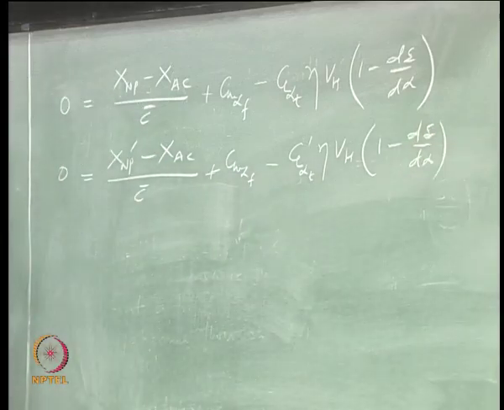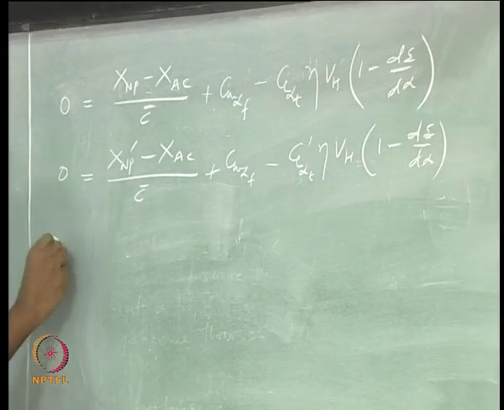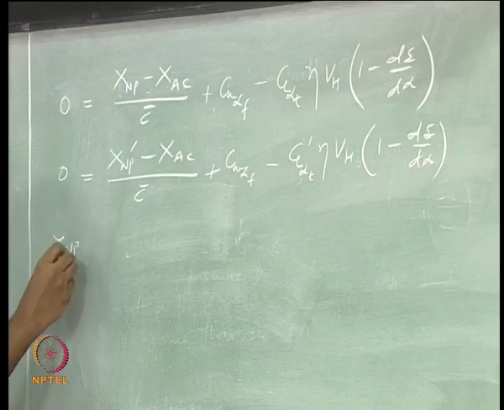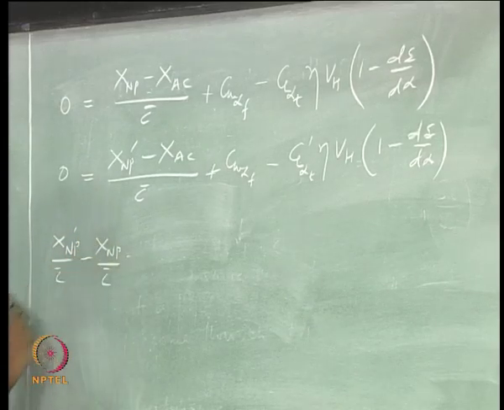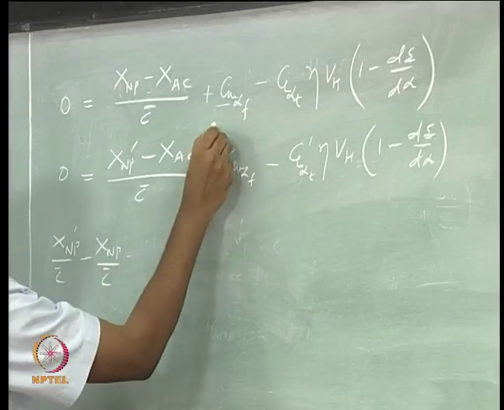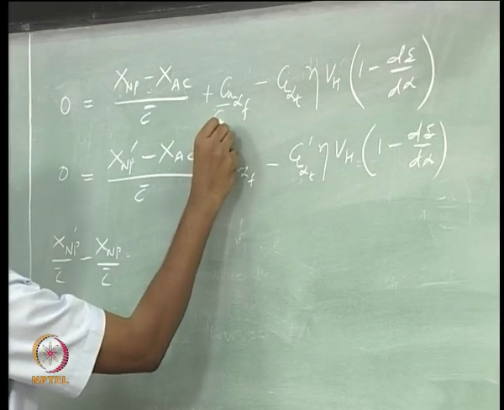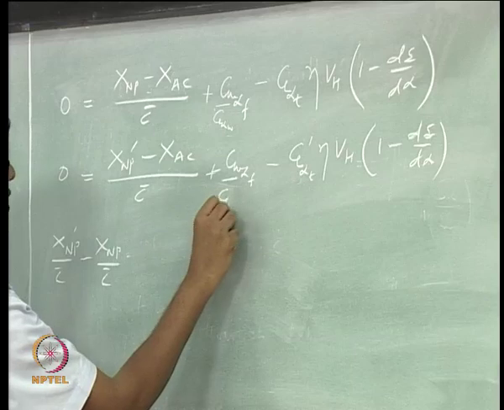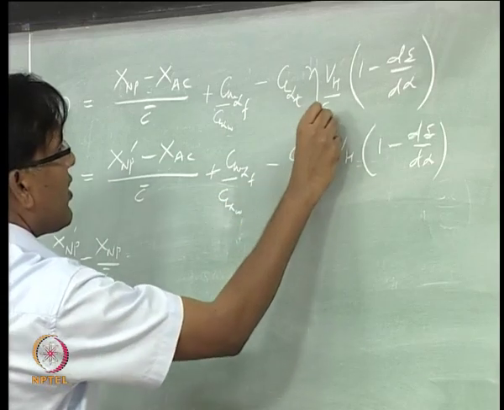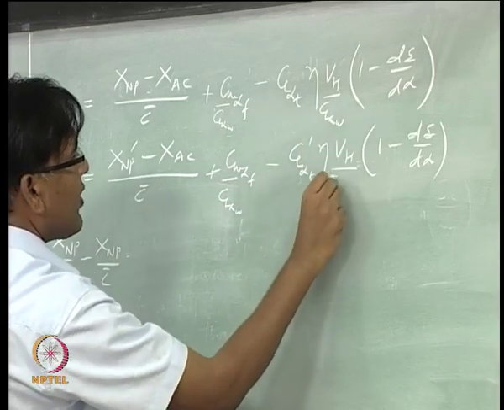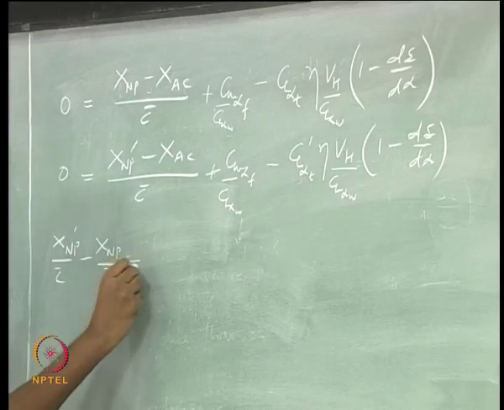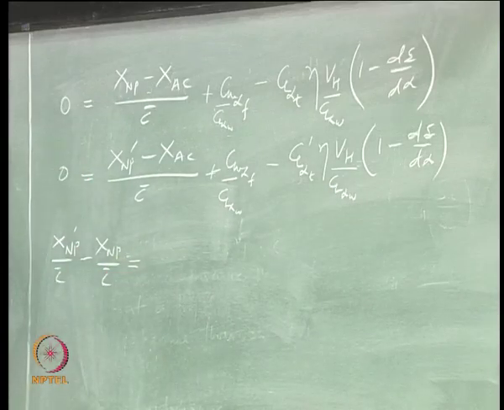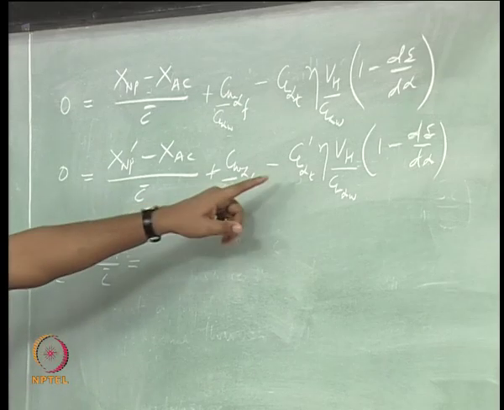I think you are right. 1 by CL alpha. Yeah. So x and p prime. CL alpha w is the one. So CL alpha t minus CL alpha t.